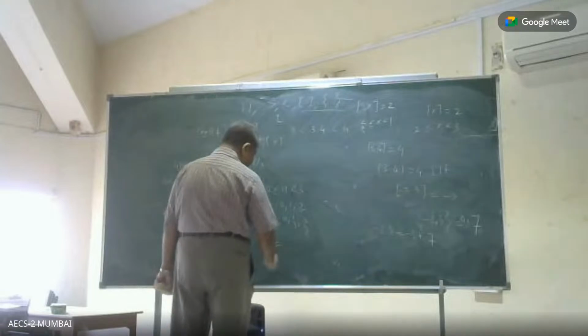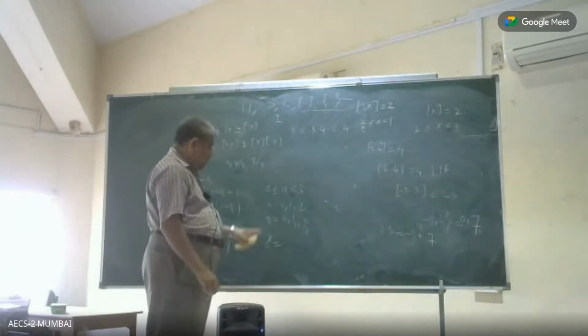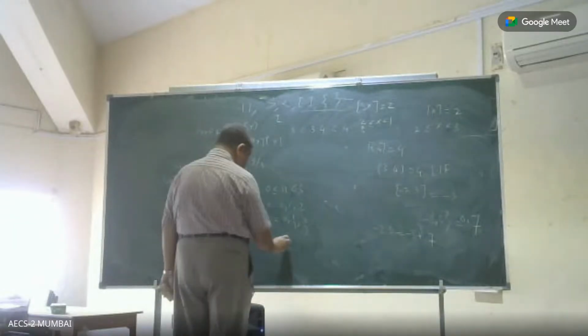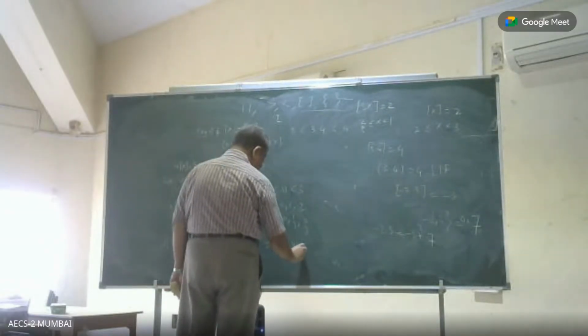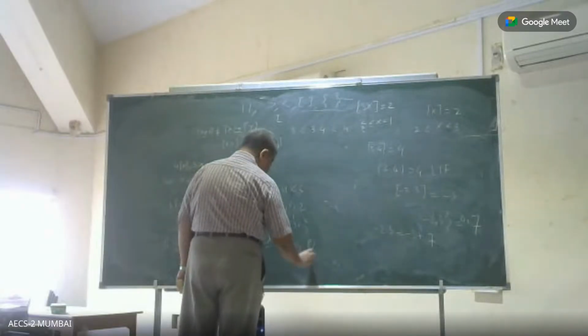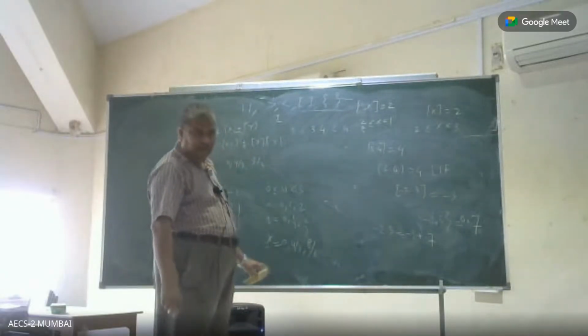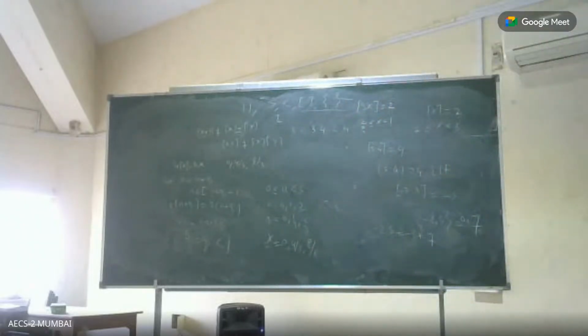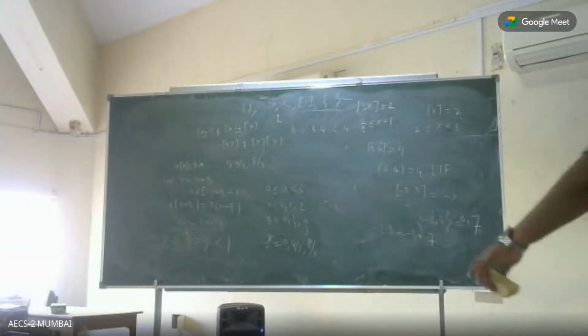So please remember x is your variable. n and q are your variables, x is the examiner's variable. So this will be 0, 4 by 3 and 8 by 3. You can put these numbers and check they satisfy. Any other number is not going to satisfy. Okay? Just one more question.